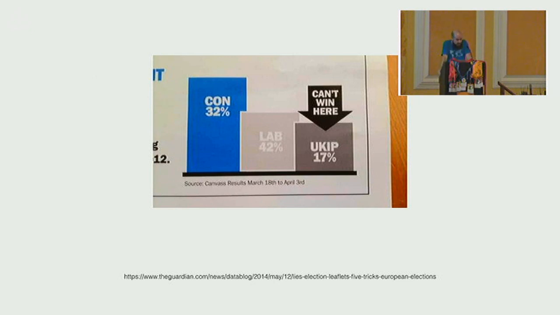So these are lifted from the Tories, where they say, if you vote for the other party, basically, you're not going to win, you shouldn't waste your vote, you should stick to the mainstream parties. That's fine if that's your message, but for some reason, according to the graphic designer of the Tories, 42% is smaller than 32%.